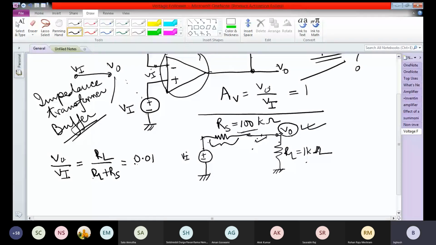The entire source voltage is expended as a PD drop across RS. So this is called the loading of the source output voltage V0.